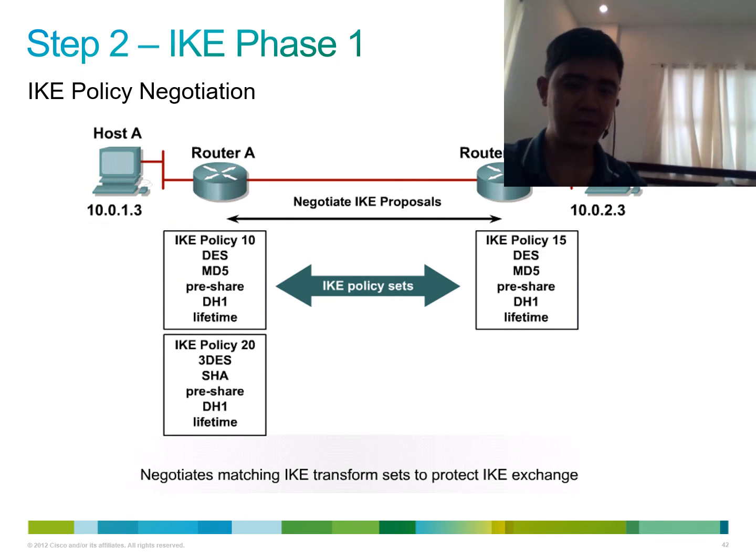So in phase 1, for example, for routers A and B, what will be our encryption mechanism? What will be our hash algorithm for integrity? What will be our pre-shared key if we were to use PSK? And again, very important, the key management. What Diffie-Hellman group are we to use?